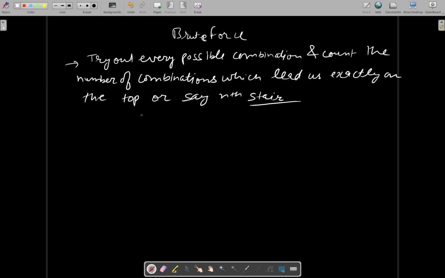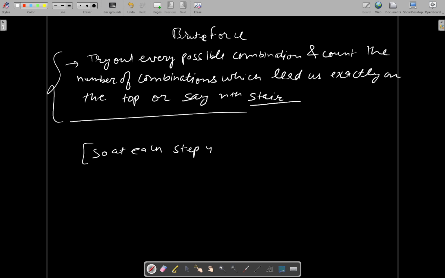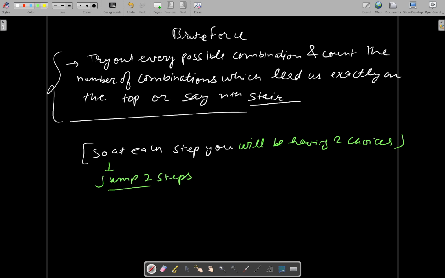Okay, this is one way. So at each step you will have two choices: jump two steps by taking two steps at a time, or jump one step.